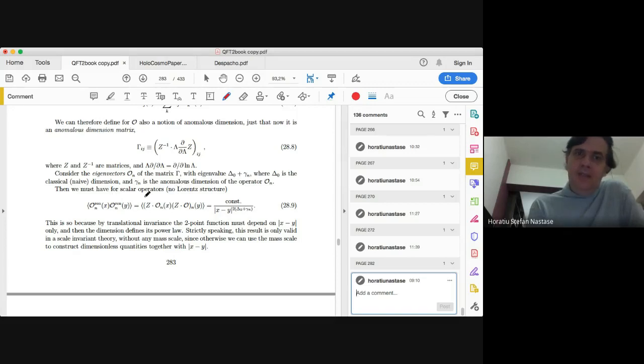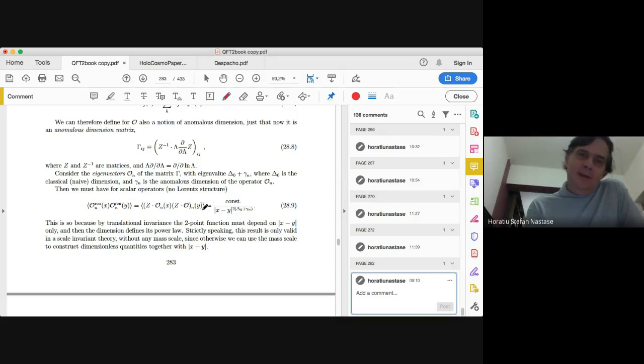So that means that for the 2-point function, for instance, for a scalar, so that I don't have some Lorentz structure, the 2-point function of the operators On renormalized, with these z factors, but this is an eigenvalue.